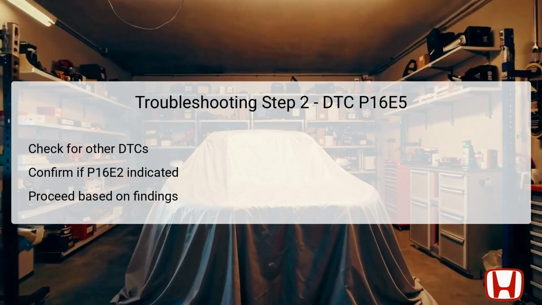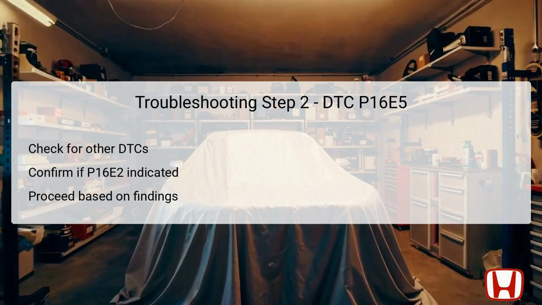The second step involves checking for any other pending or confirmed DTCs using the HDS. Specifically, focus on DTC P16E2, which is another LIN communication error related to the ACG, alternating current generator.